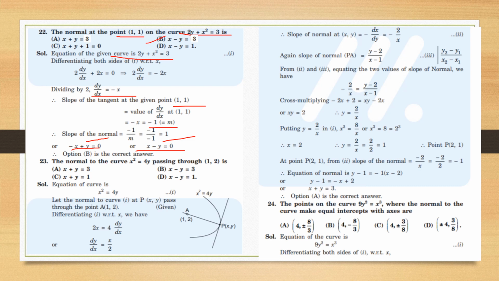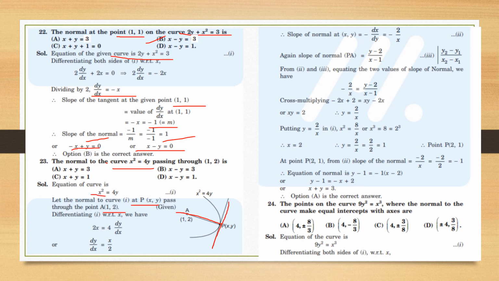The normal to the curve, okay, this is a parabola, passing through the point (1, 2). The normal to this curve, okay, this is the tangent, this is the normal which is passing through (1, 2), right? Now let the normal to the curve at P(x, y) pass through the point (1, 2).